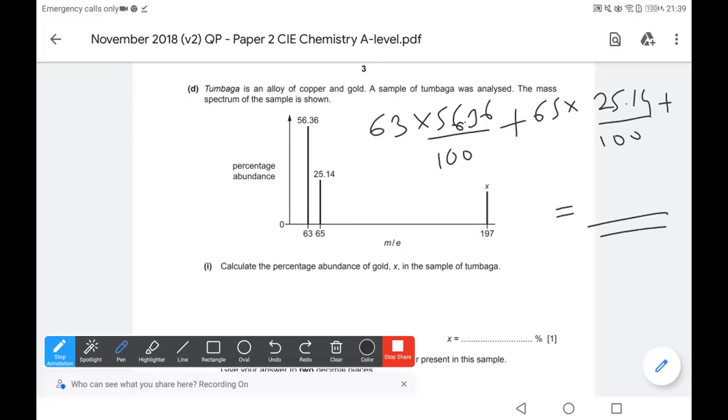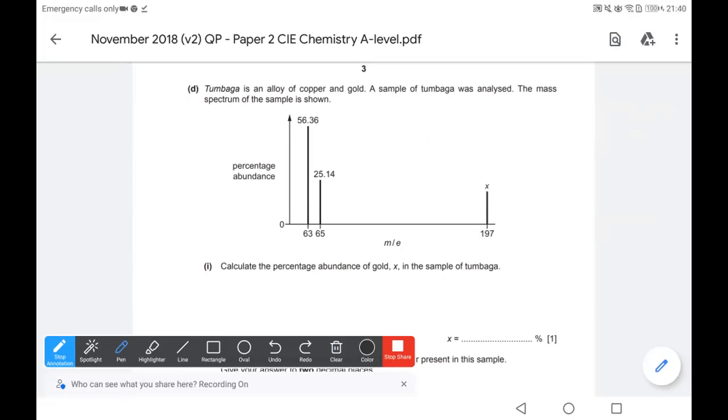So this is just 100 minus 25.1 plus 56.3. That's the only way. There's no other way to do the calculation. Good.